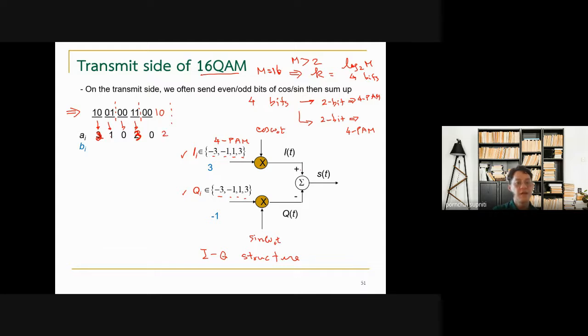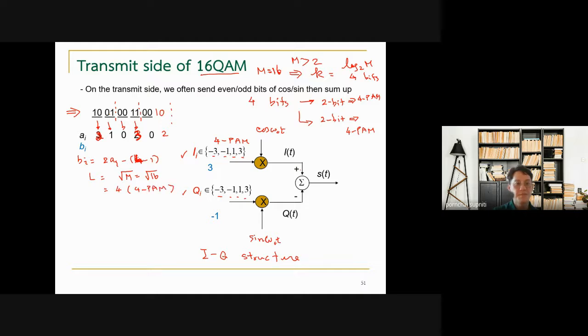Then we use the formula b_i equals 2i minus L minus 1. In this case we need to use L, where L is the square root of M, which is the square root of 16, which is 4. So in a sense it means 4 PAM.